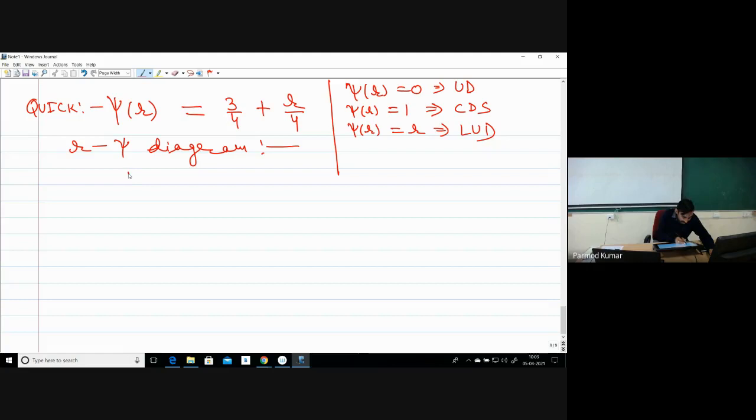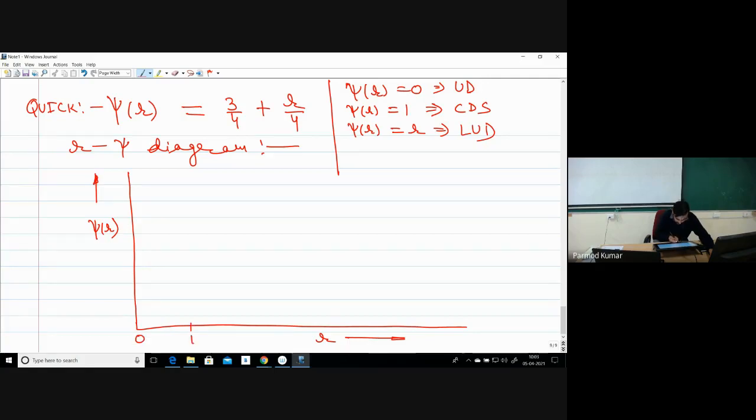Okay. So what I will be getting over this R psi diagram, let me plot psi along ordinate and R along abscissa. So say this is my 0, this is say 1, 2, 3, 4, like this I have a number of values over here.